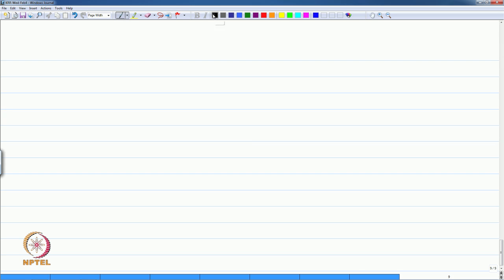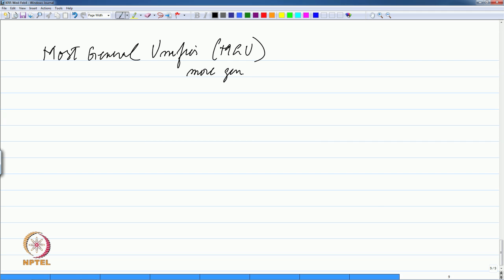So, let us first talk about what we are going to look for in this algorithm. We want to look for something which is called the most general unifier, often known as an MGU essentially. So, let us first understand what we mean by most general unifier. There is a more general than relation between formulas.